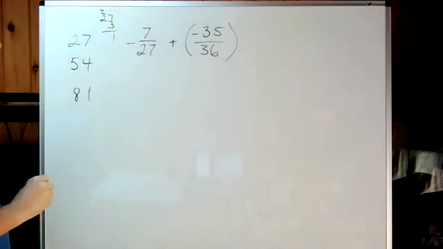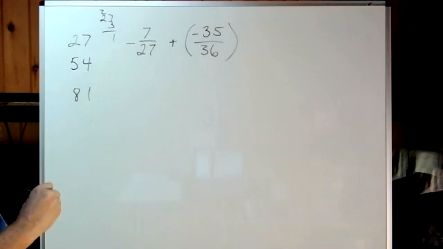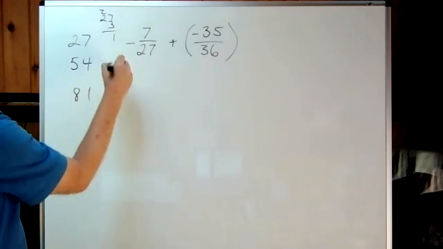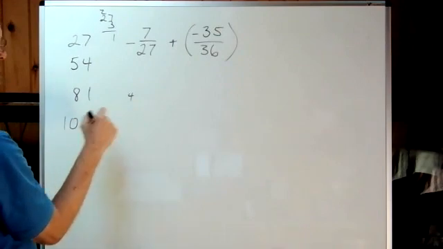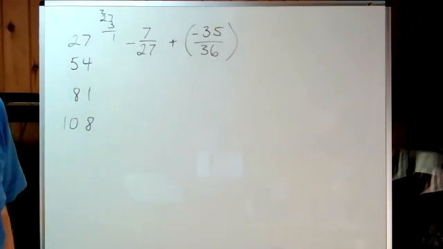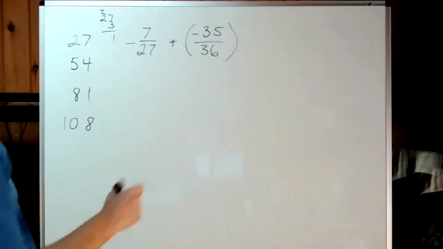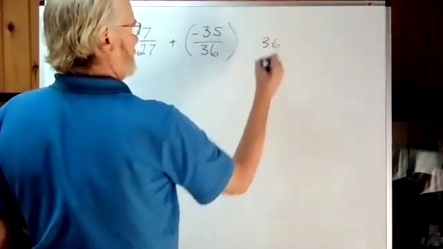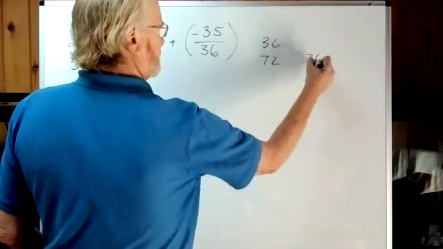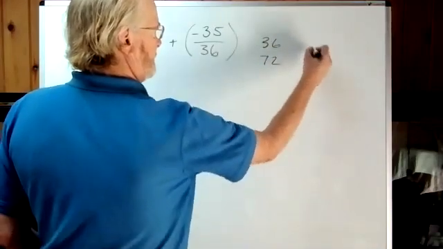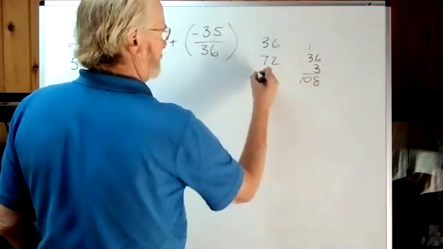And let's see, 4 times 27, 54, 54, 108. Let's see if maybe that's enough, okay? Now 1 times 36, 2 times 36, 72, 3 times 36, 3 times 6 is 18, 9, 10, oh good, 108.